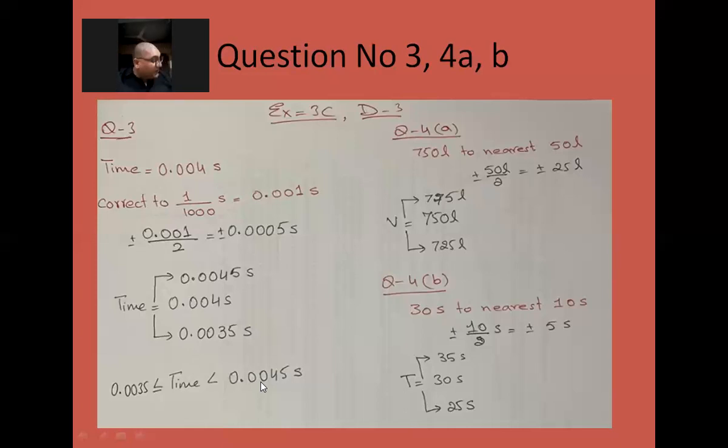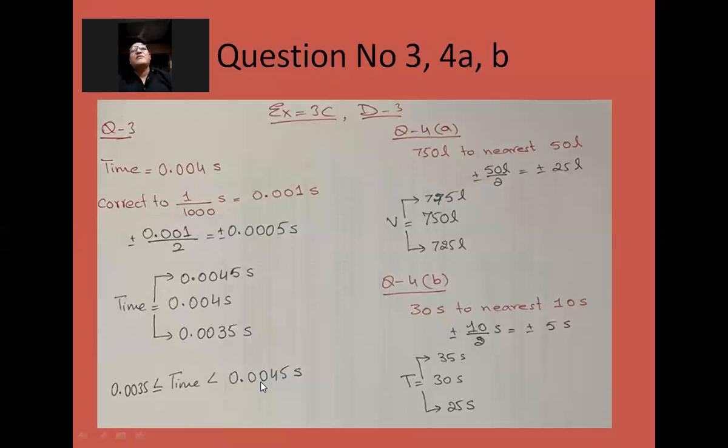And question number 4B part, it says 30 seconds to the nearest 10 seconds. So the main measurement is 30 seconds, and this is correct to 10 seconds. What you will do is take 10 seconds, divide it by 2, and with whatever the answer comes, you write plus minus sign. So 10 seconds divided by 2 will be plus minus 5 seconds.